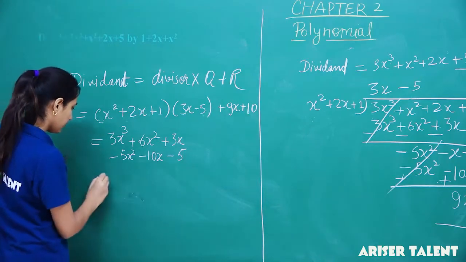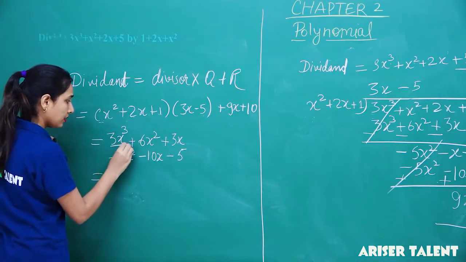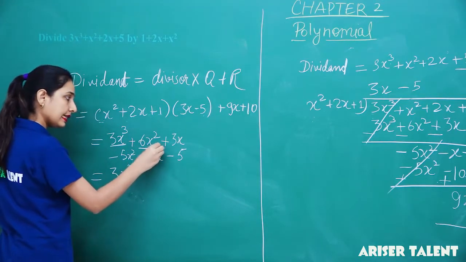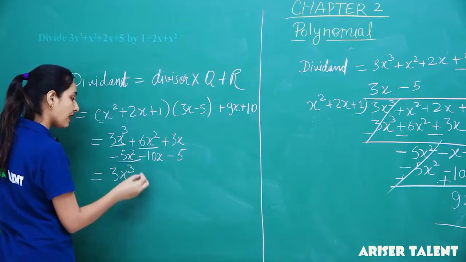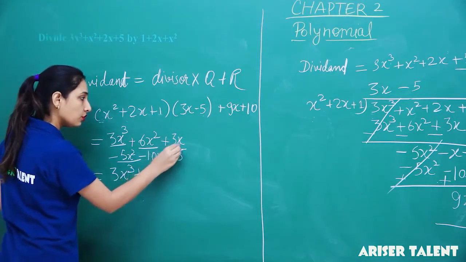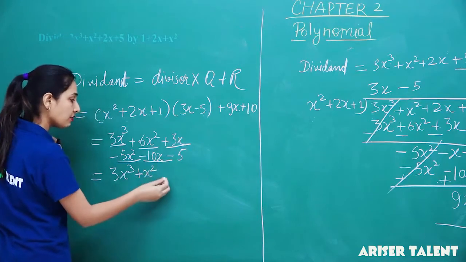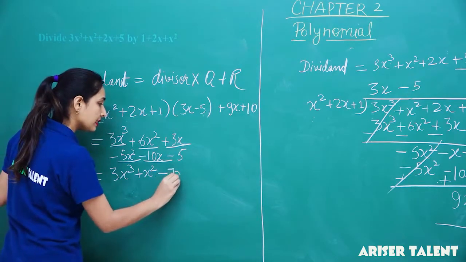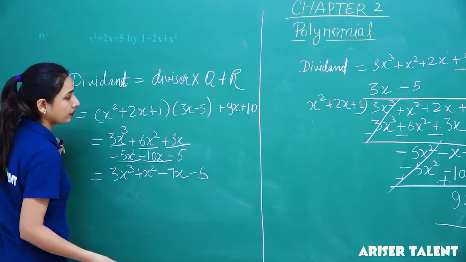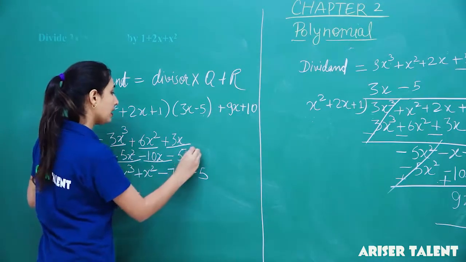Okay, so 3x cube, 6x square minus 5x square will give you plus of x square. Now 3x minus 10x will give you minus of 7x, and this minus 5 here.